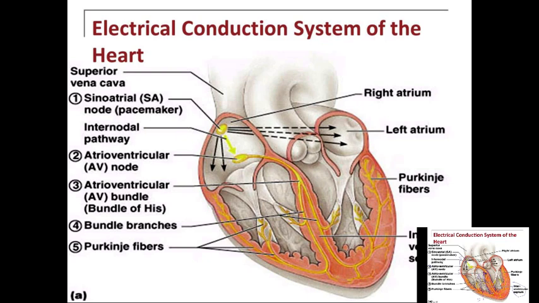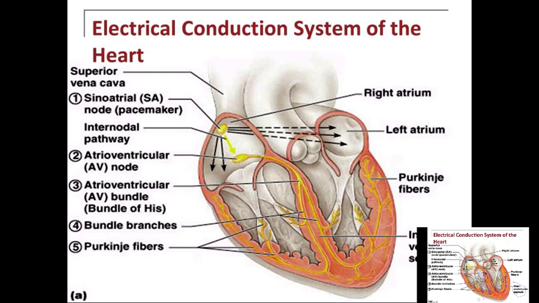And then these left and right bundle branches divide, they go up the apex, and they move upward inferior to superior to create these Purkinje fibers. Now the electrical impulses can make it all the way down to the apex of the heart, work their way up, so that the ventricles can contract inferior to superior.